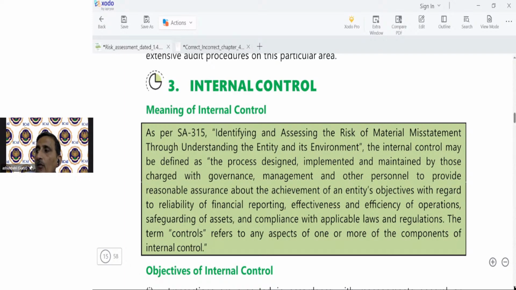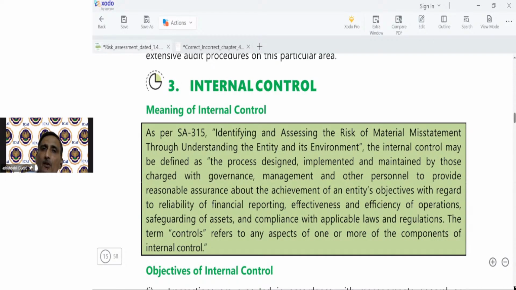Now Varsha, you are asking in which questions SA numbers are necessary. There is no hard and fast rule. The only thing I would like to tell you is to write the SA number if you exactly know it.